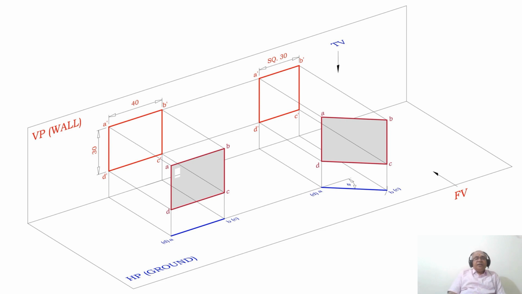In the second position, the mirror is rotated such that its front view becomes a square of 30 mm. So this side is a square of 30 mm and this side is 40. This line of 40 has to become 30, so you rotate this AB in space.